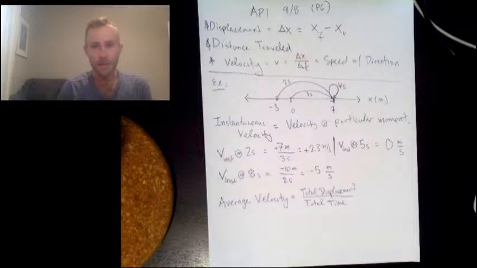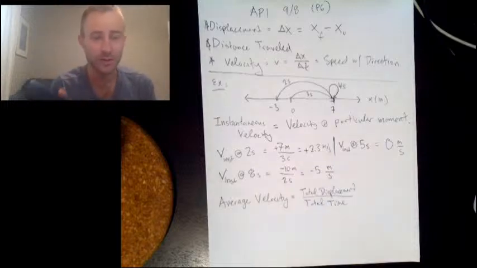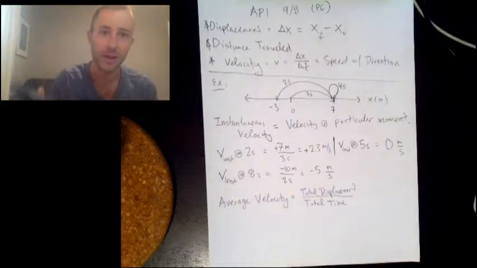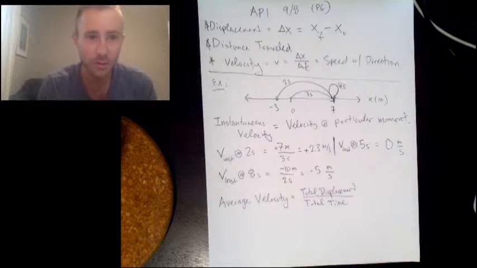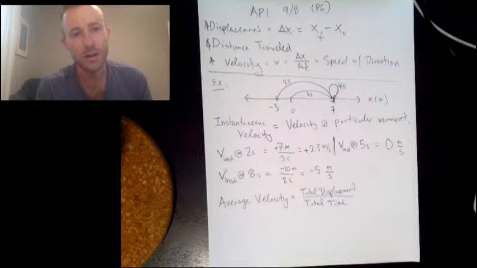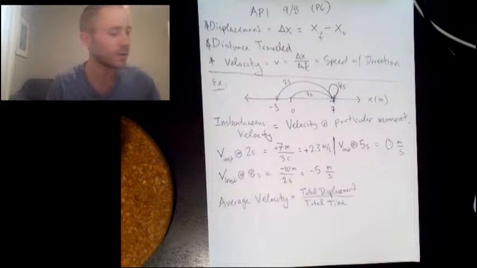Okay? But does that mean I was going 61.1 miles per hour north the entire journey? No. If I was on the freeway, I was probably going more like 85 miles per hour north, okay? If I could get away with it. But there were times when I got stuck behind a truck, where I stopped to eat or go to the bathroom, and those lowered my average velocity, okay?